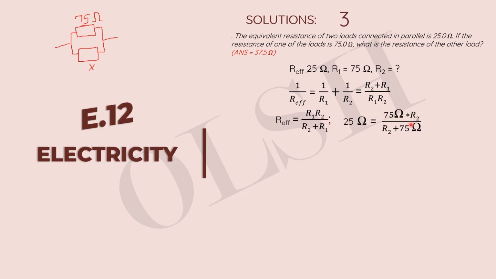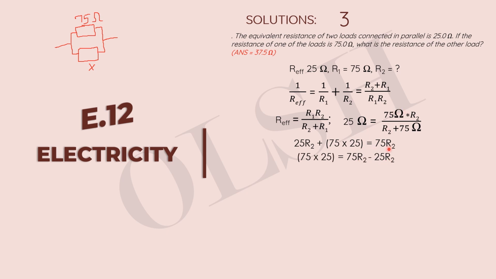So inputting our values, we have REF as 25 ohms, R1 as 75 ohms, and R2 unknown. If we simplify this further, we have 25 R2 plus 75 times 25, which equals 75 R2.